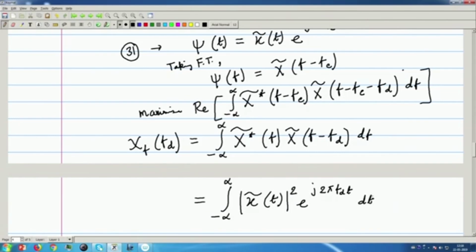So this is an important thing, and this function is called frequency correlation function. So, we should give it again an equation number 38.